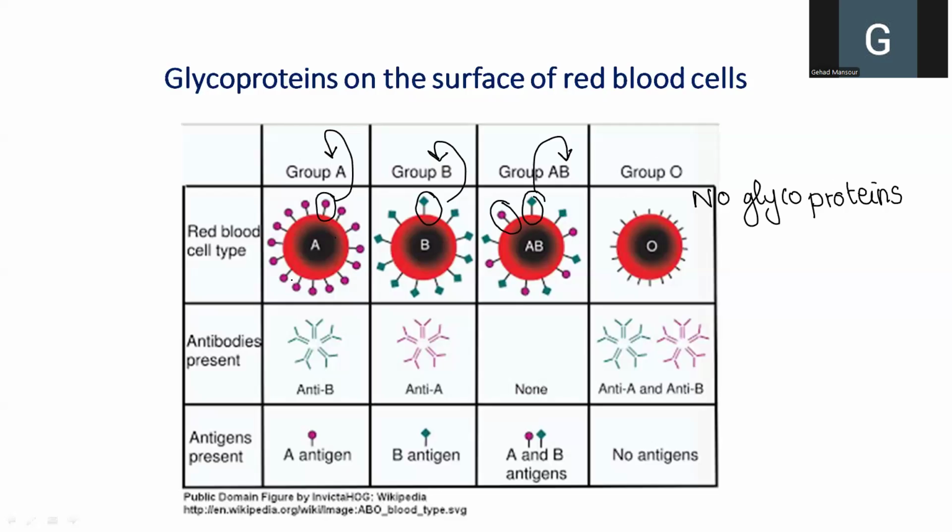At the same time, red blood corpuscles are surrounded by plasma. And in the plasma, there are antibody molecules against the glycoproteins on the surface of red blood cells. But needless to say, the antibodies in the plasma should not be antibodies against your own glycoproteins.